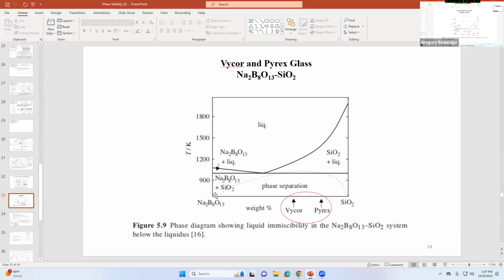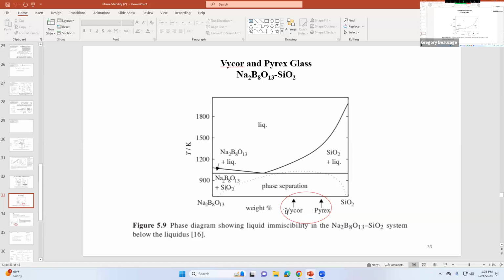You can make it, and then the boron phase can be removed if you make a spinodal structure. So you phase separate. The phase separation curve is here, the liquid-liquid phase separation superposed on the crystal-liquid phase diagram. If you do a deep quench in the middle, you get spinodal. And then with that, you can acid etch it and make this Vicor glass.